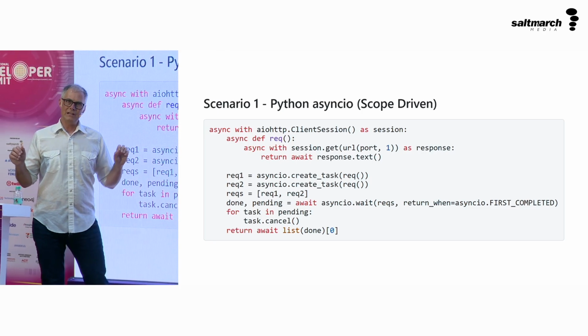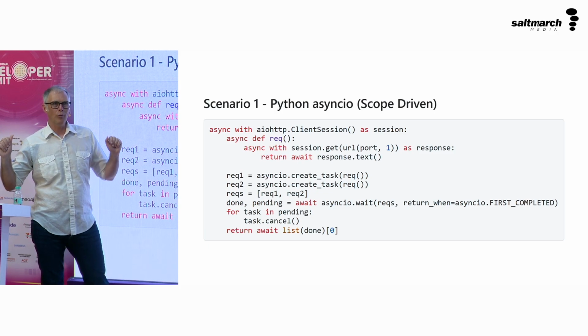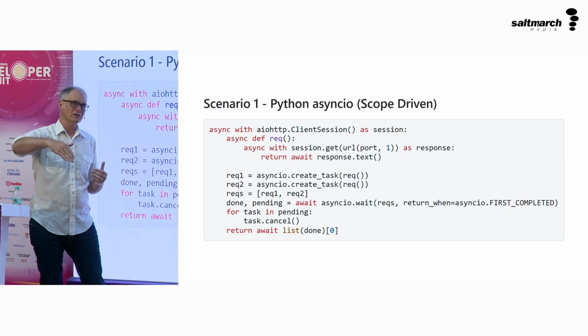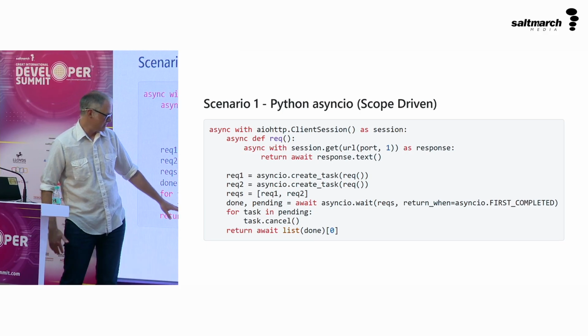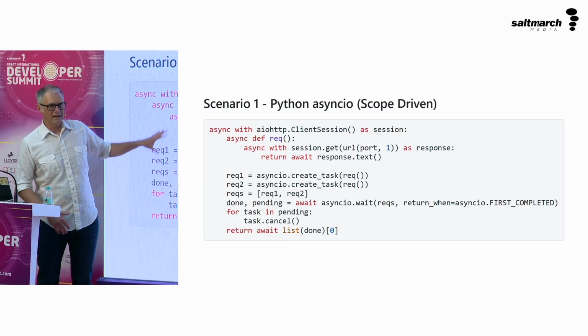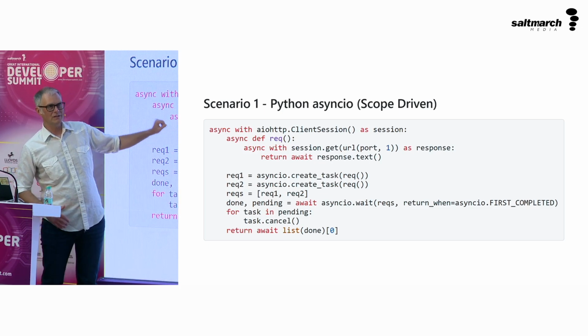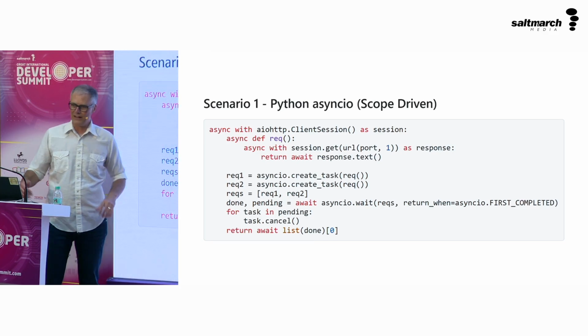There were other implementations called a nursery, and the nursery was like the parent scope. So we'd put our tasks into a scope, and then we could wait for the task to be done. And when it's done, we're going to cancel the losers. So there's a bit of manual work here where we're manually managing what goes in the scope and manually managing what to do when the scope completes, when we get our value out.